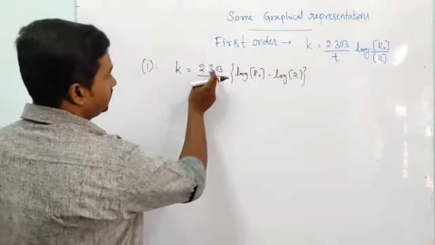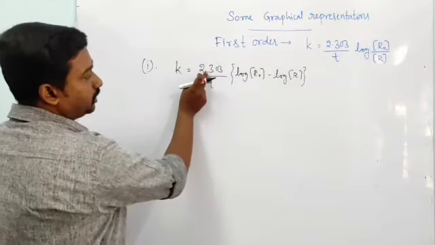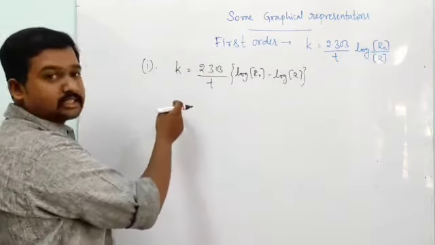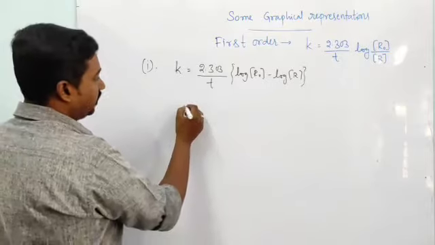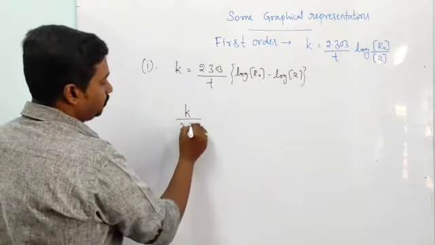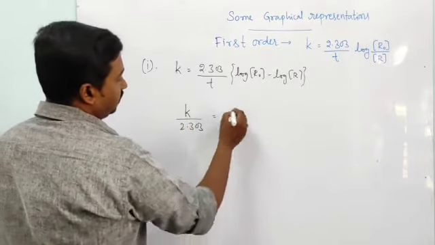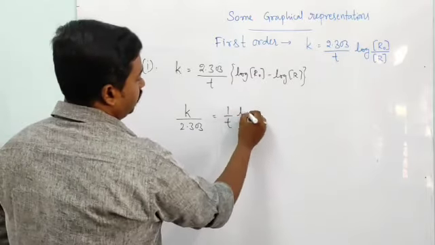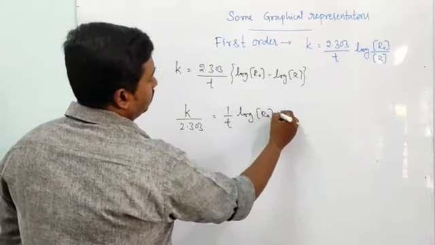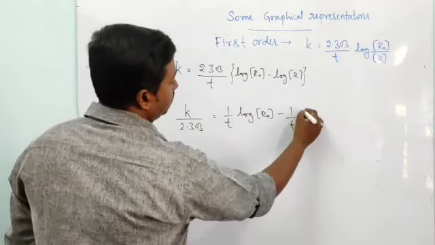Then let us transfer this 2.303 to the LHS so that constants will be on the same side. So I'll have k by 2.303 giving 1 by t log R0 minus 1 by t log R.